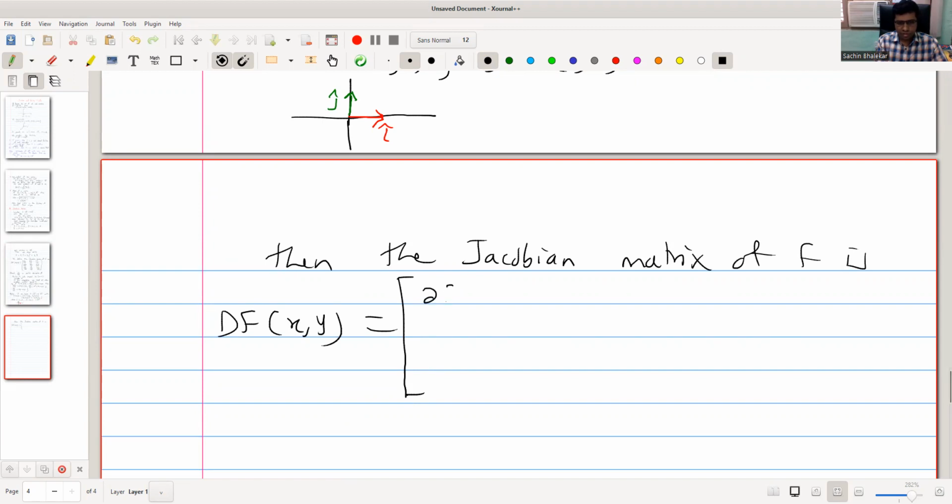First row is partial f1 with respect to x. Second entry in the first row is partial f1 with respect to y, and the second row is for f2.